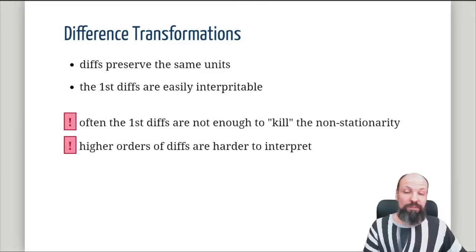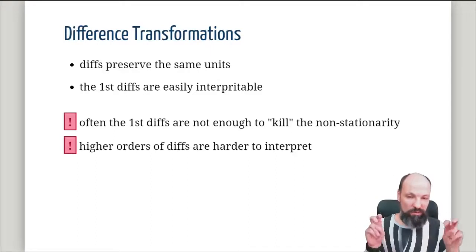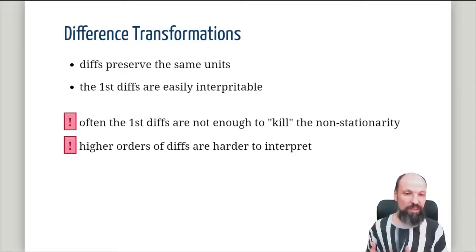Unfortunately, the first differences are not always enough to kill non-stationarity, well, in quotation marks, to make the dynamics of the transformed time series look stationary. And then we can apply higher orders of differences, like second differences, for example. And then they are already harder to interpret because change in change, that's wow.